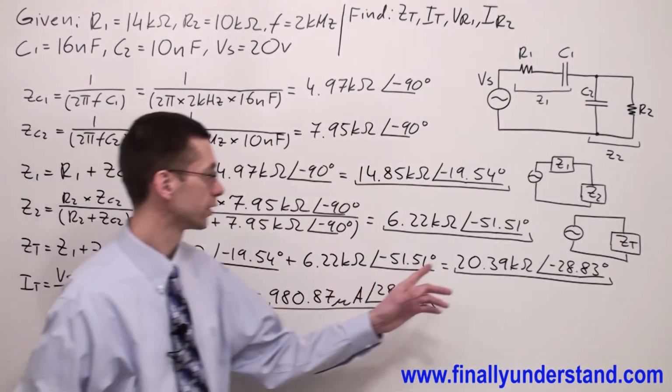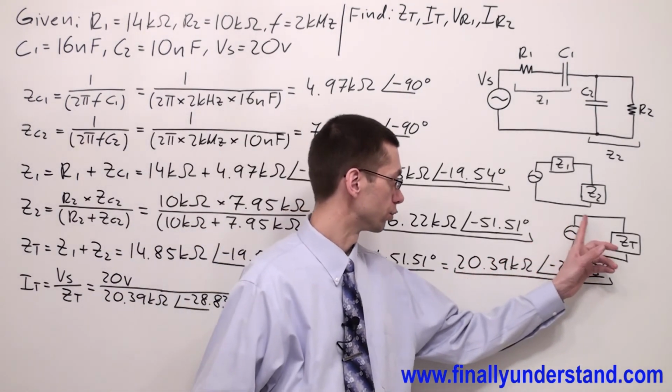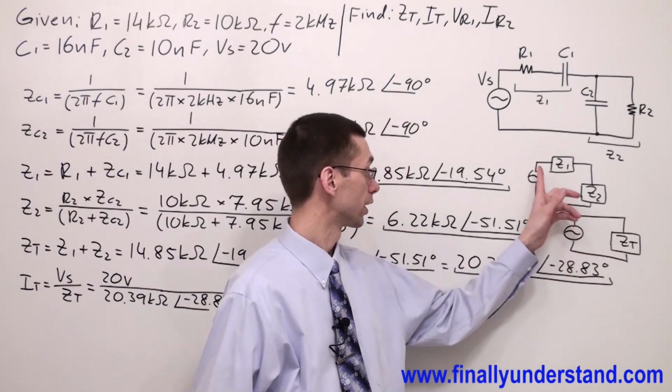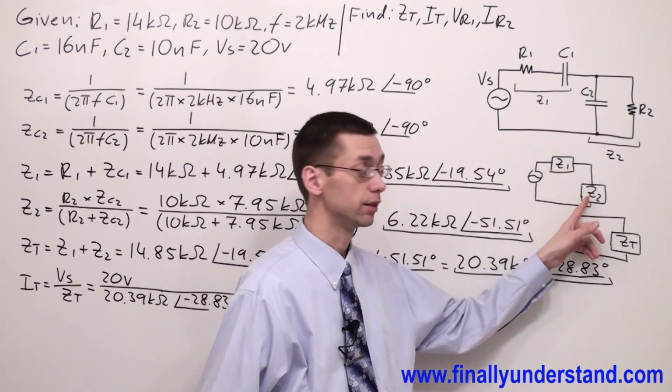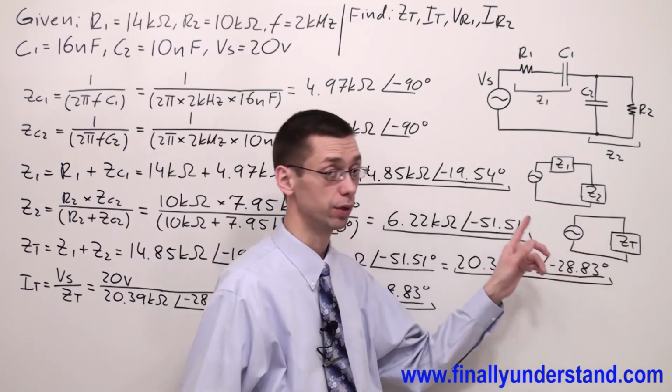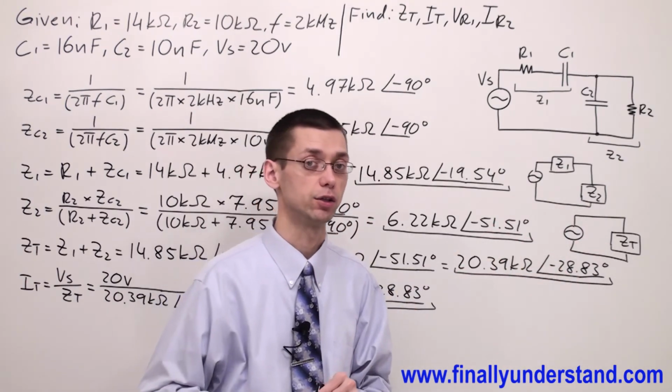Okay, so this is the current which will go through Z total, or the current which will go through impedance Z1 and Z2. Okay, remember, in a series circuit, current is always the same.